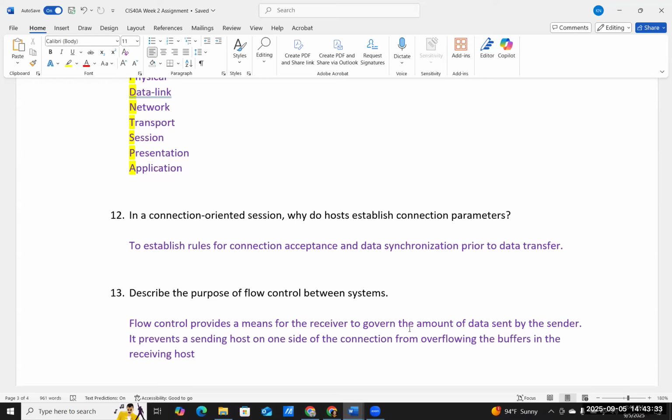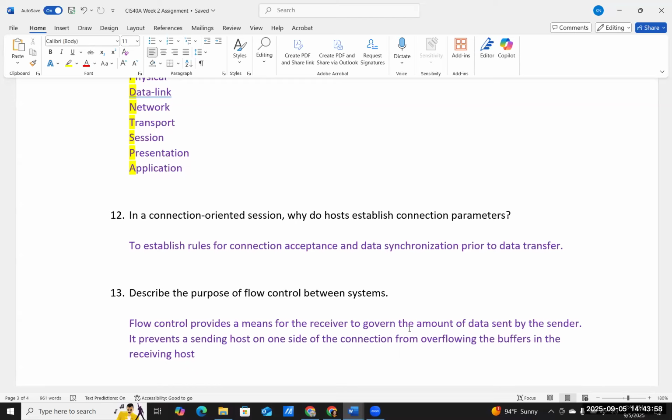And you don't want that to happen on your network, where everybody is on the network at a certain time and everybody slows down. So we want to govern the amount of data that's sent. We don't want to send too much data or too little, right? So it needs to chunk up the data so that it can flow.